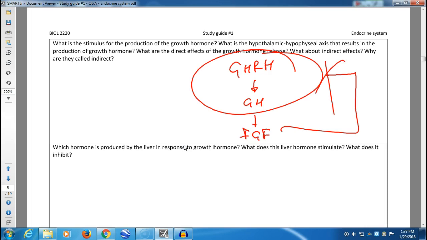So if I tell you about a person who injects growth hormone as a performance enhancement drug, what do you expect to see in terms of blood sugar? It's going to go up. Blood fatty acids? It's going to go up. IGF? It's going to go up. Does that make sense?